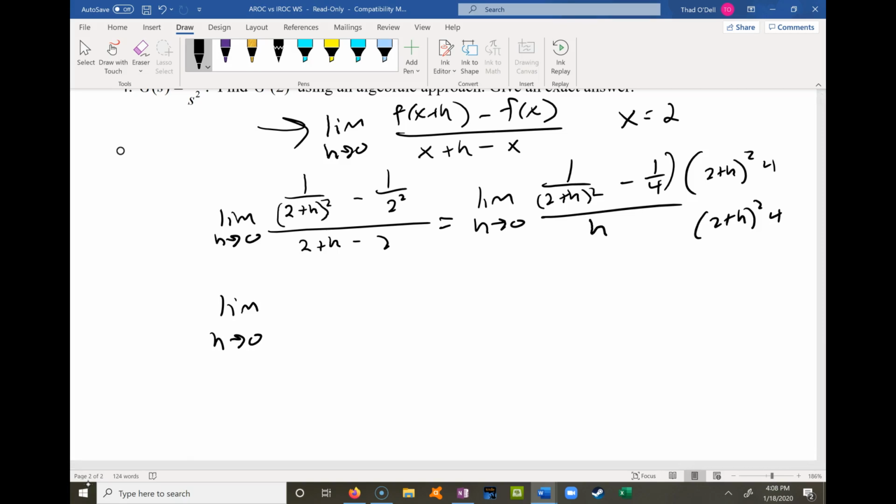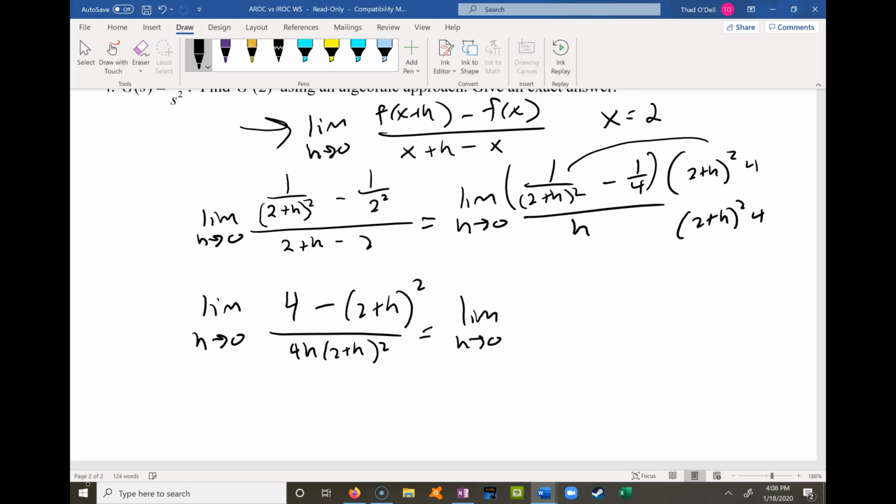Now, of course, this times that is going to leave me with just 4, minus, and here the 4's are going to cancel out, and that's going to leave me with 2 plus h squared. And the bottom, I'm going to have 4h times 2 plus h squared.